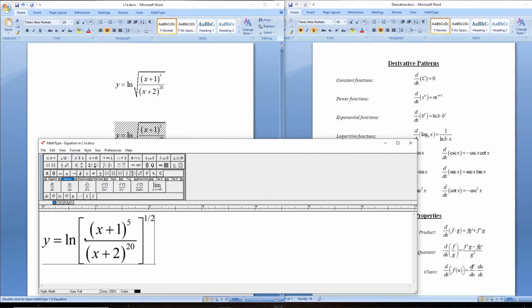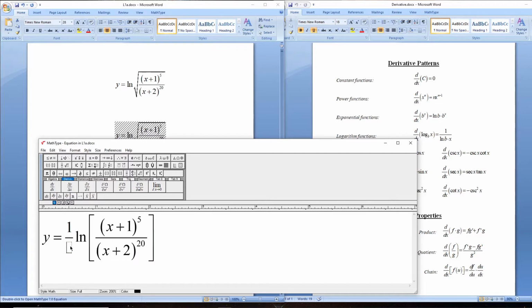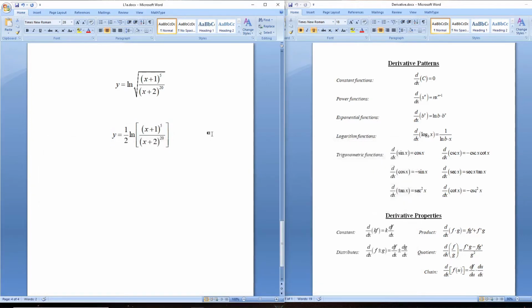But if we bring the half down in front of the log, that power function is gone. So it makes things simpler. And this would be a better place to start. Less steps than having to deal with the power function. Just use log properties, bring that half down.